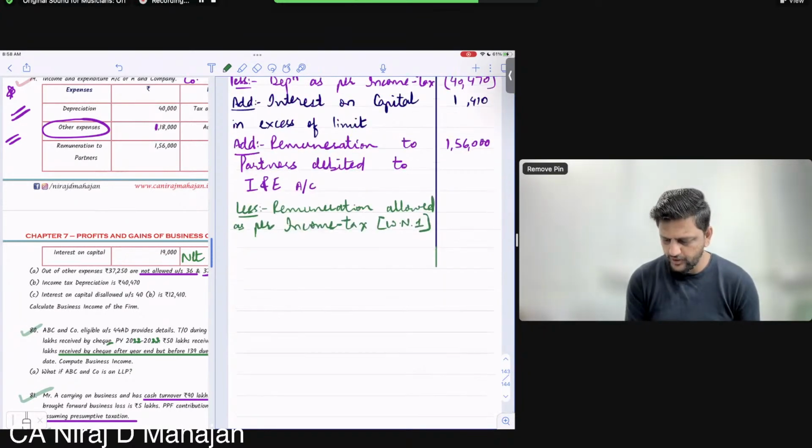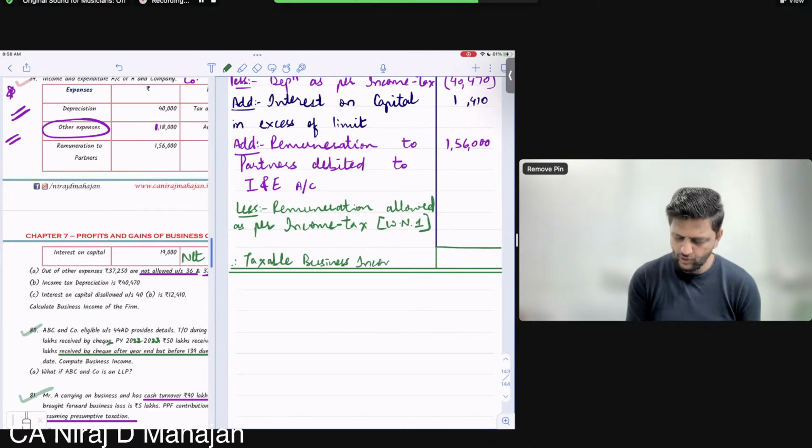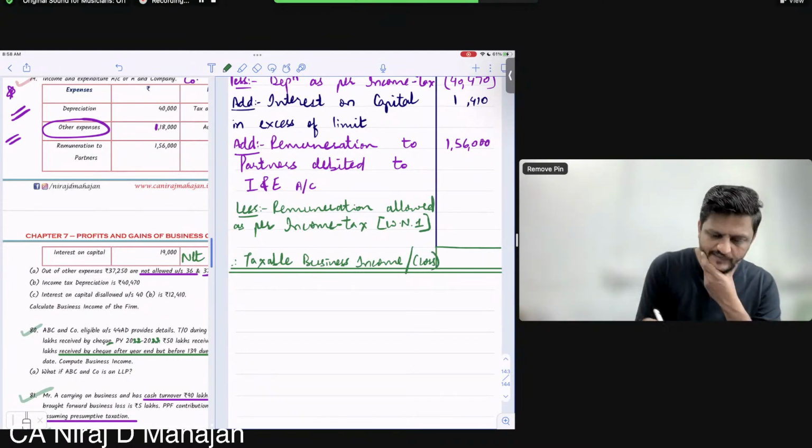And that is how we arrive at the taxable business income of the firm. It can be a loss also, so business income or loss in bracket.